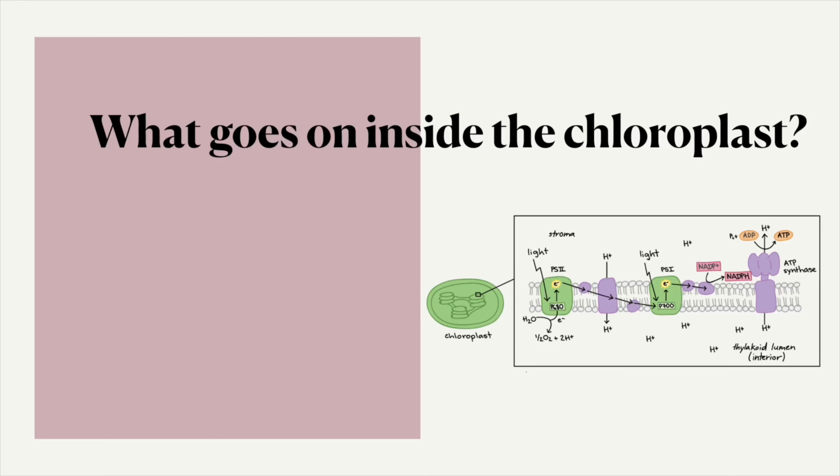And then over to the right, you can see that NADPH and ATP are more bolded. That's because both ATP and NADPH are generated from this process. And something else you should know, just a fun fact, is that Photosystems II and Photosystems I were actually named in order of discovery.